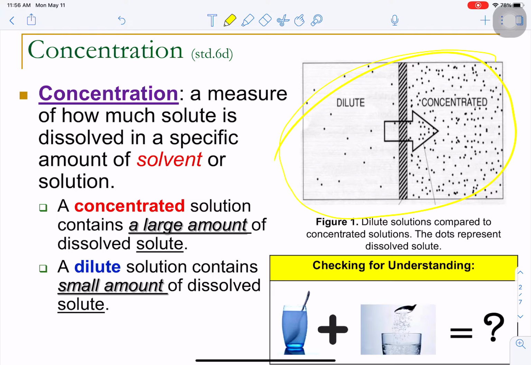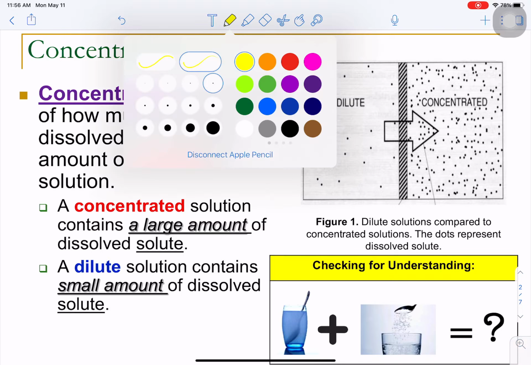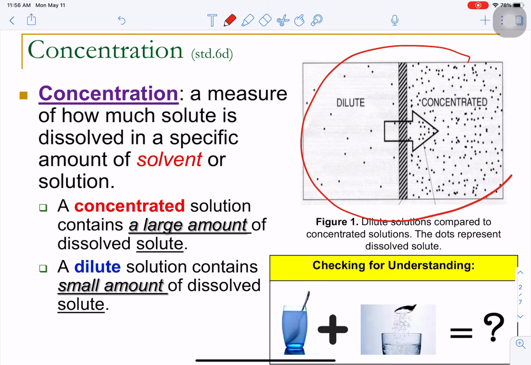Let me change from yellow, I guess. Let's kind of go back to red. This graphic right here, this is kind of a look at the molecular level. So let's say we had two solutions of equal volume. In the dilute solution, you would not see as many of these dots.